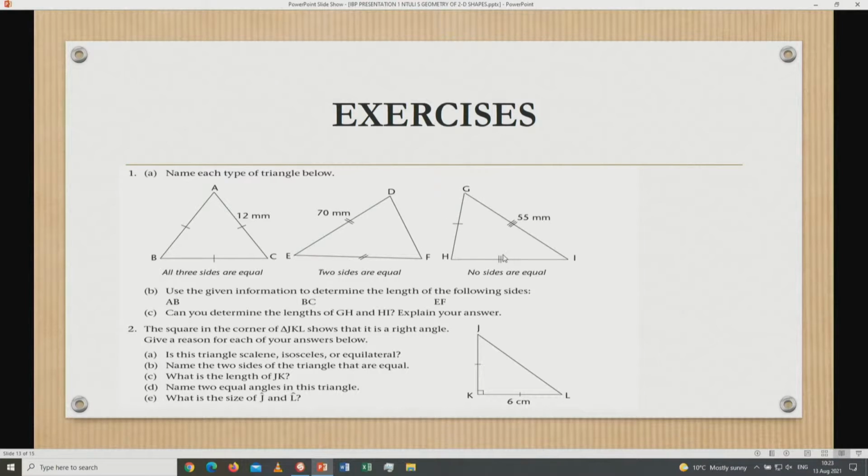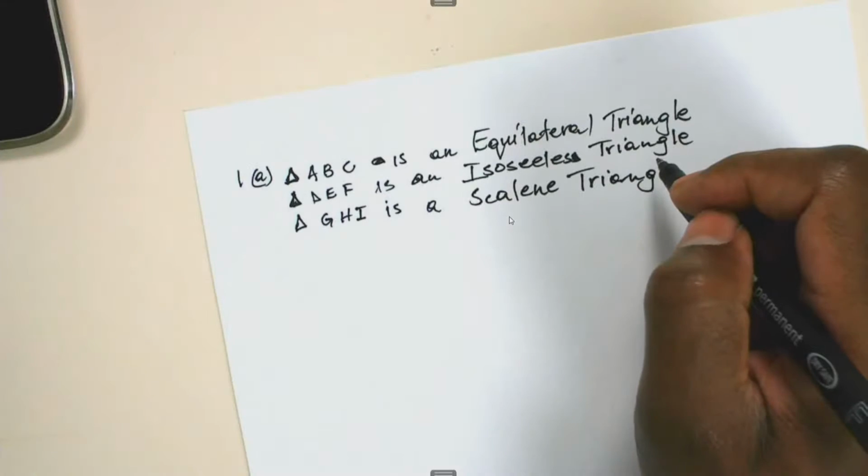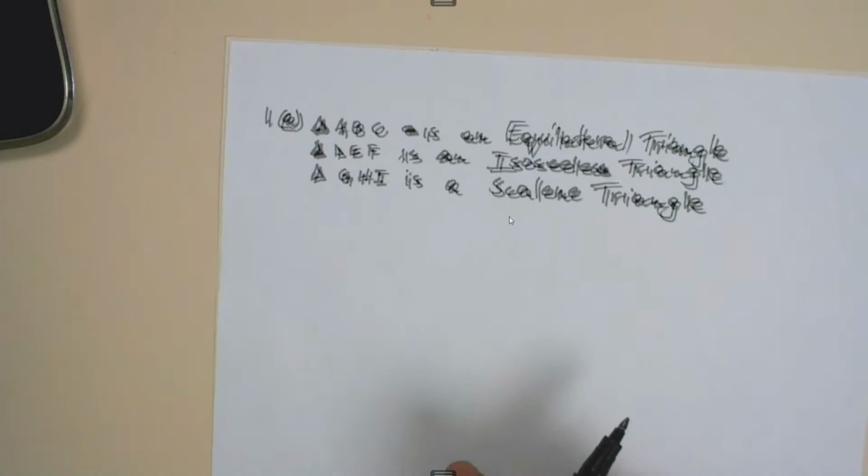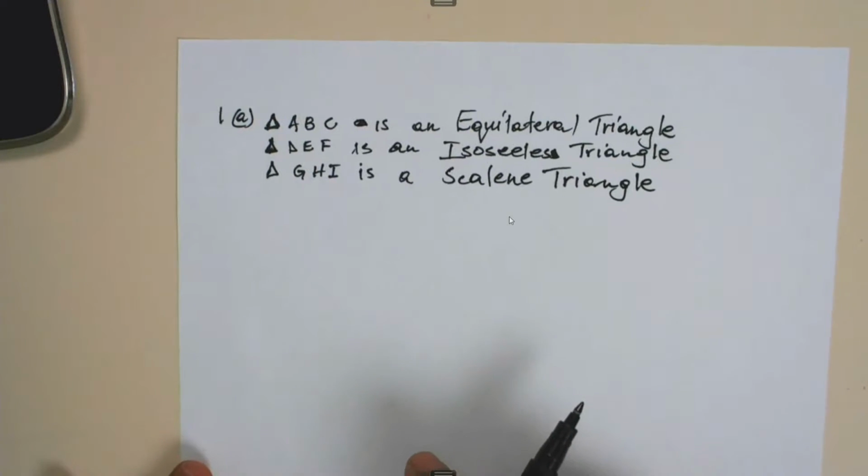There is 1 marking, 2 markings, and 3 markings there. So by virtue, it says that there are no sides equal. So it is a scalene. Remember a scalene, guys? Yes, it's a scalene triangle, because there are no sides equal.